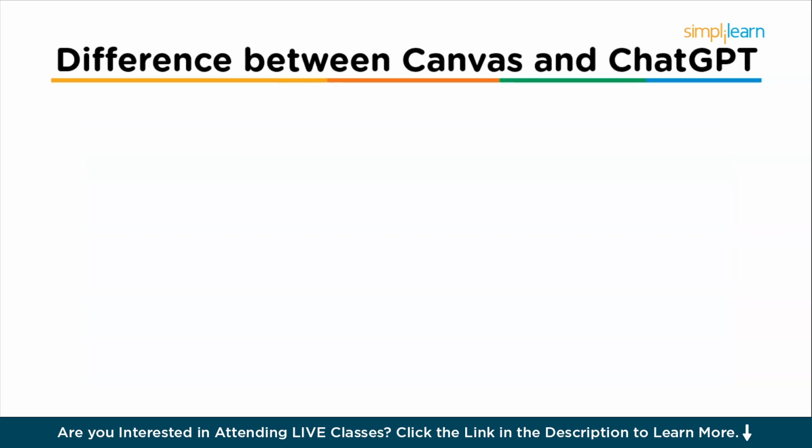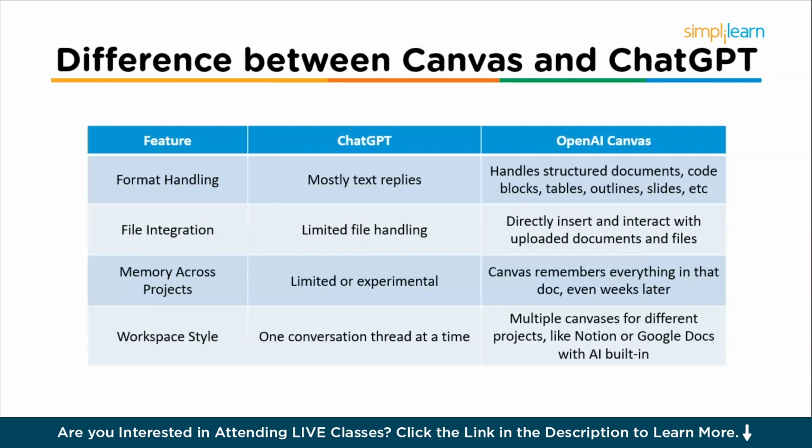So let's now see more differences. The first one is format handling. ChatGPT is mostly text replies, but OpenAI Canvas handles structured documents, code blocks, tables, outlines, slides, and so on. ChatGPT has limited file handling, but OpenAI Canvas directly inserts and interacts with the uploaded documents and files.